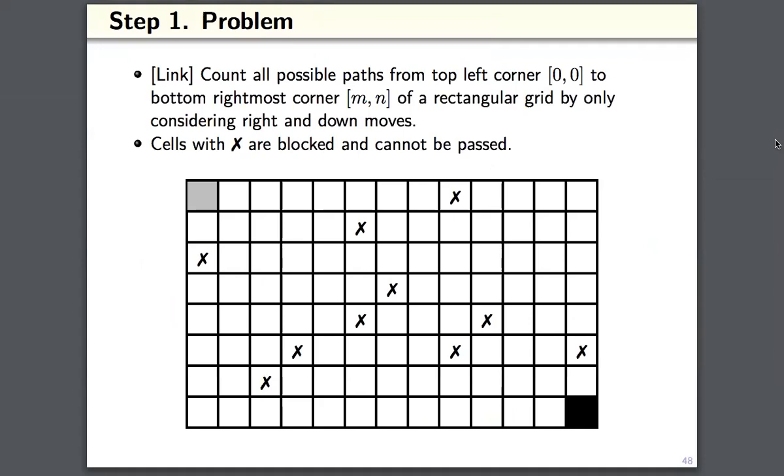Next, let's change the problem slightly. Suppose you have blockages here. Some cells are blocked. You can see this when you want to see a ball drop in New York City, right, on December 31. Every year, some roads will be blocked.